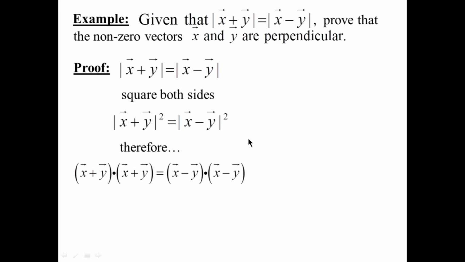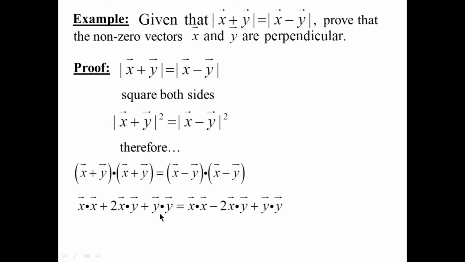And now using the distributive property, this is going to be very much like squaring a binomial here. So it'll be x dot x plus 2 times x dot y plus y dot y, and we're squaring a binomial. And here we are doing it again, x dot x minus 2 times x dot y plus, because of a negative times a negative, plus y dot y. Examine our new equation, and we see that there's an x dot x on the left and there's an x dot x on the right, so they offset each other.